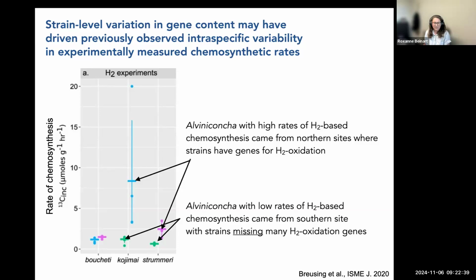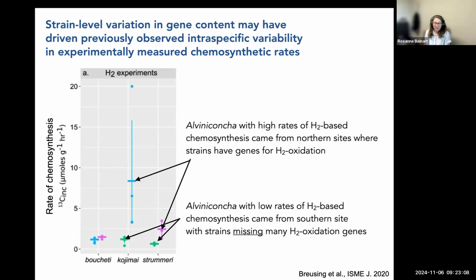When we looked back on this data, we realized that the animals that had the higher rates of autotrophy associated with hydrogen came from the northern sites, where the strains should have the genes for hydrogen oxidation. The experiments with the lower rate of chemosynthesis associated with hydrogen oxidation came from the southern Bend fields, where the strains should be missing their hydrogen oxidation genes.